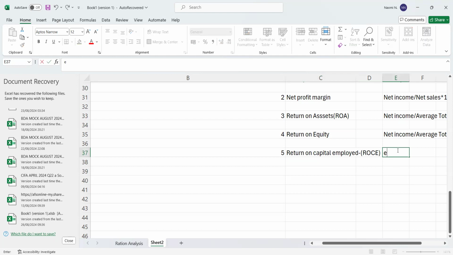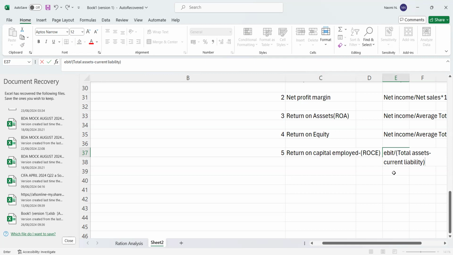It is EBIT divided by, in brackets, total assets minus current liability.